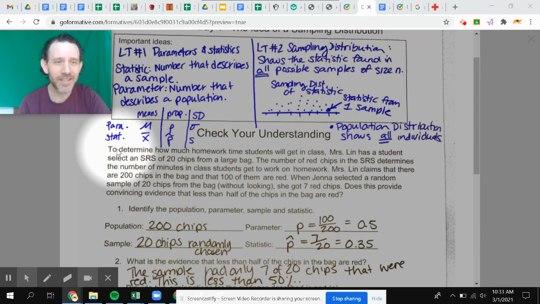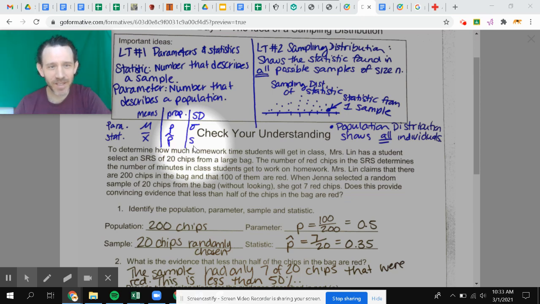Anyway, for statistic, there below, you're noticing that we use different symbols because the statistic is off of your sampling or your samples. We use x-bar to talk about the mean if it's a sample mean. There's a hat above the p if it's a sample proportion, and then just straight s for a sample standard deviation. A way to kind of remember that: s, sample, that kind of thing.